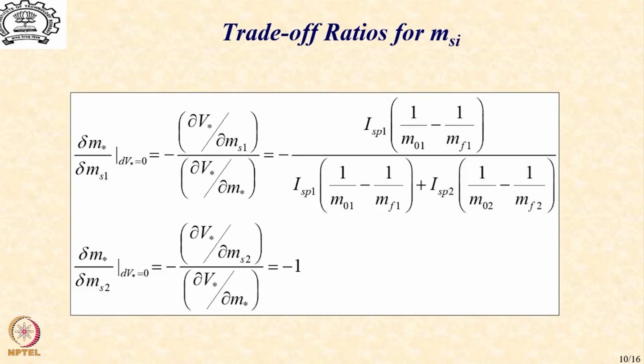With this, let us now go back to our sensitivity definition, that is the ratio of delta m star to delta ms1, and we find that the ratio is a ratio of two partial derivatives. When I take the ratio of delta m star by delta ms2, I suddenly find that both numerator and denominator are the same, so I get -1.